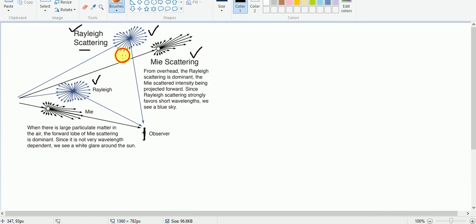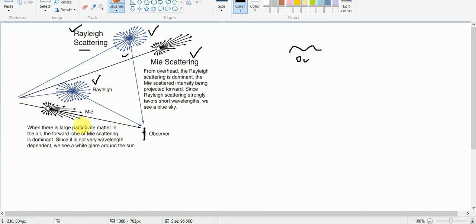In the case of Rayleigh scattering, the diameter of the gas molecule or dust particle is very small, smaller than the wavelength. Suppose this is the wavelength and the size of the particle is smaller than it.